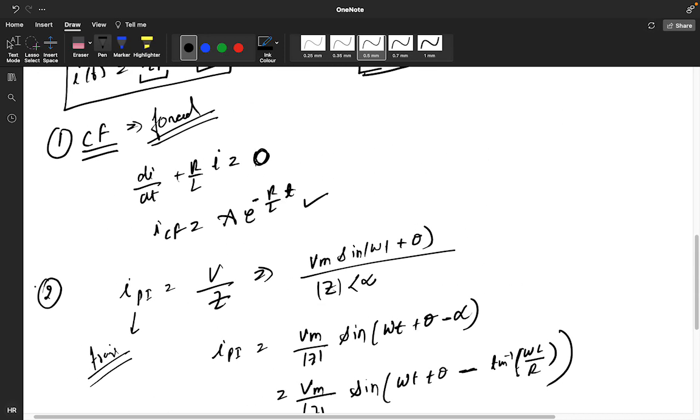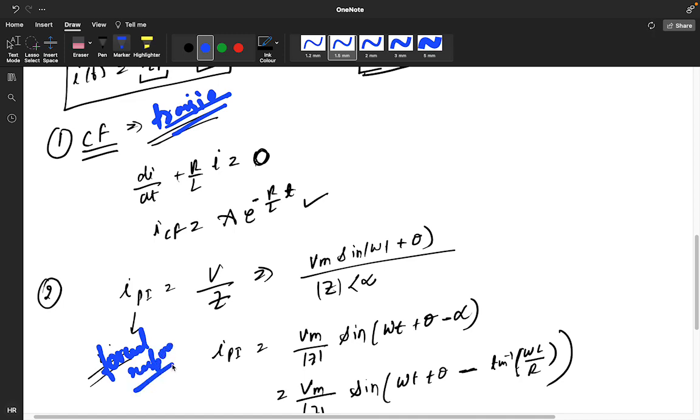Oh, sorry, let me restate: this is your transient response, because the source is 0 here, no? So it is your transient response because our source is 0. And this is our forced response.